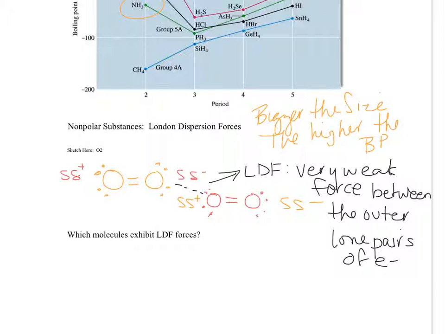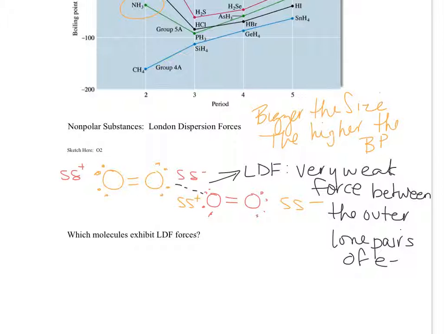So which molecules exhibit London dispersion forces? Well, technically all of them. But when we talk about what force is present in a molecule, we talk about the most prevalent force. So although water has a dipole force, predominantly the water molecules have hydrogen bonds between them.